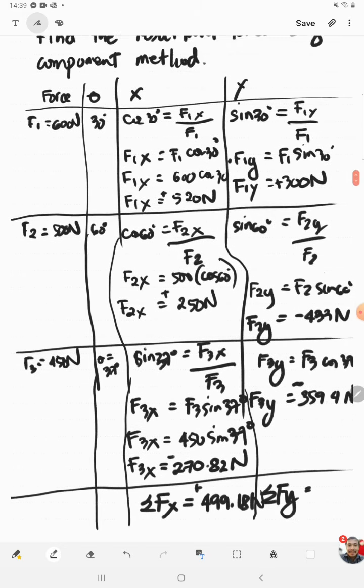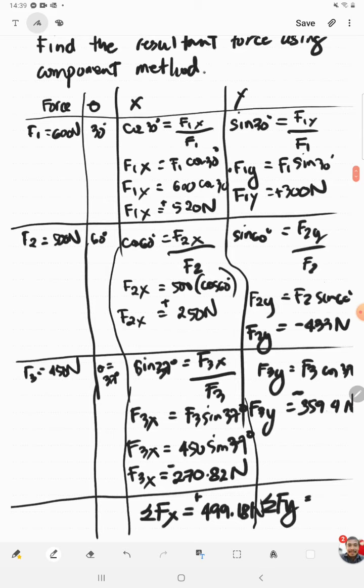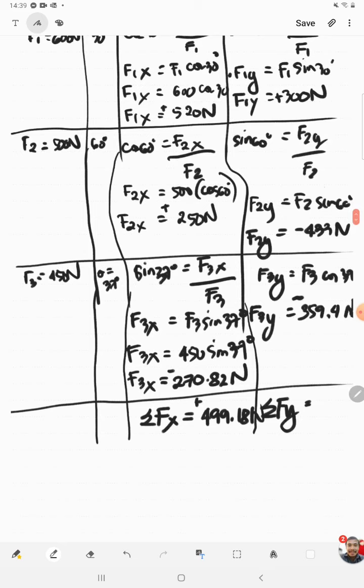For the summation of forces along y, F1y is 300 minus 433 minus 359.4, so you will get negative 492.4 newtons.